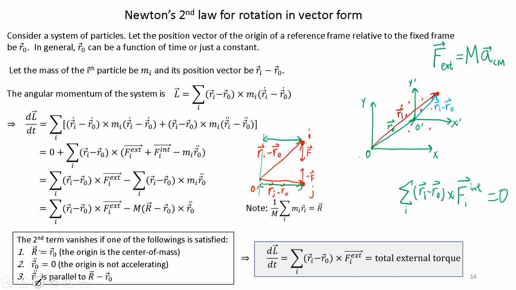Another choice is that if R naught double dot is 0, so that's this term, then you can still make this second term 0. So what does that mean? That means that the origin of your prime coordinate system is not accelerating.